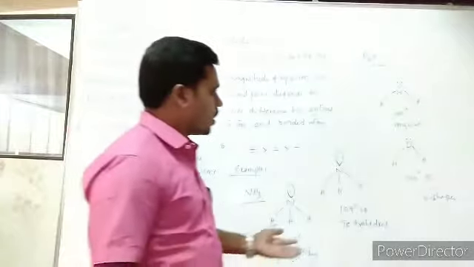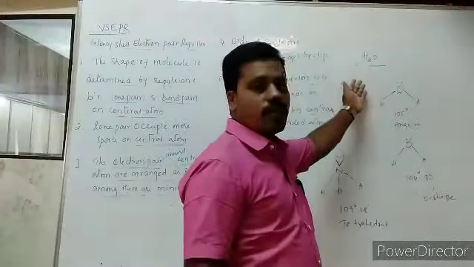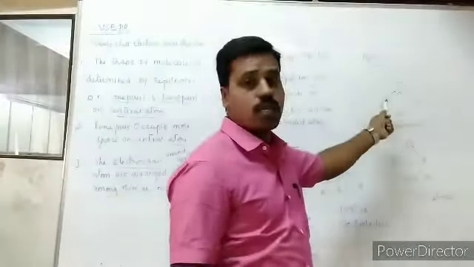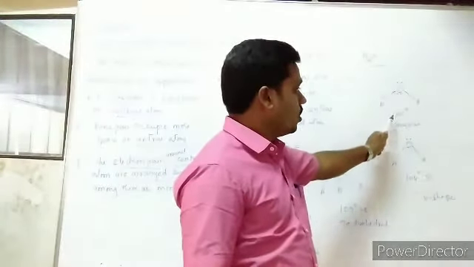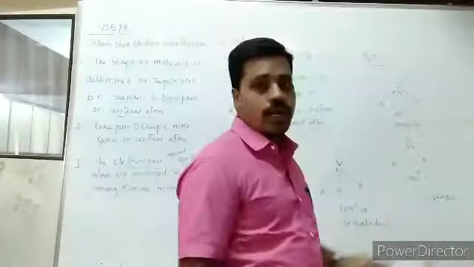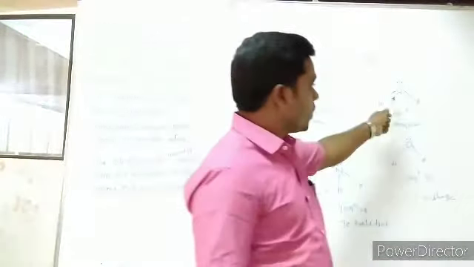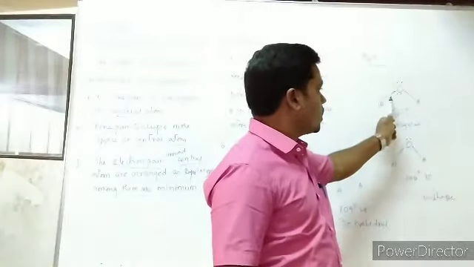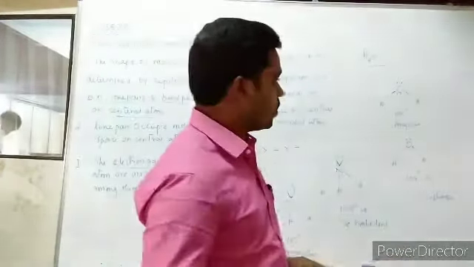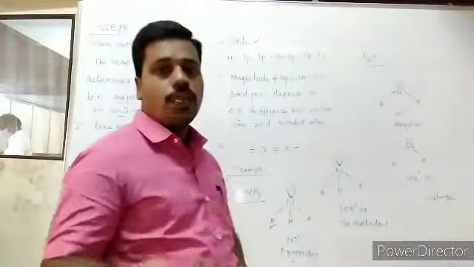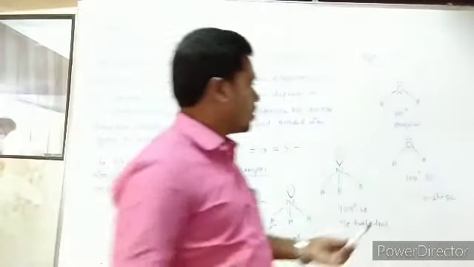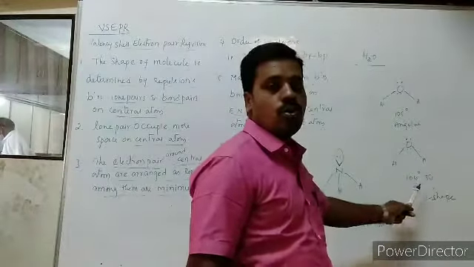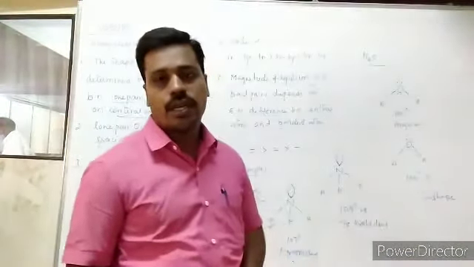I have also taken another example, water. Here is the water molecule, and the shape is angular with a 105 degree bond angle. Due to repulsions between bond pairs and lone pairs, the shape changes to V shape and the bond angle reduces to 104 degrees 30 minutes.